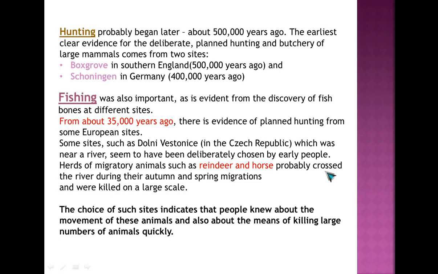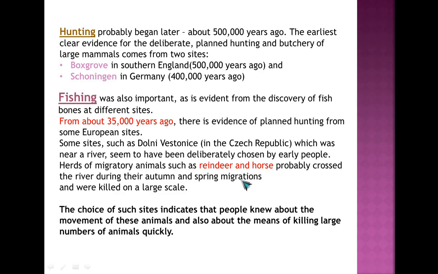About 35,000 years back, there is a lot of evidence of hunting from European sites, as I told you just now. One of the sites is Dolní Věstonice in the Czech Republic, which was near a river and seems to have been deliberately chosen by early people. This is a particular spot they chose specifically for hunting.